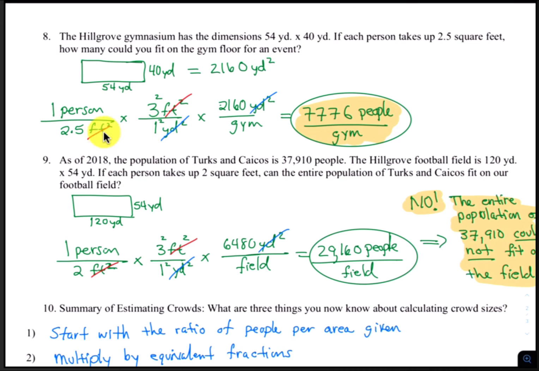The feet squared cancel each other. The yards squared cancel each other. You're left with people per gym. So you'll multiply 1 times 3 squared times 2160 and then divide by 2.5. And you'll end up with 7,776 people in the gym.